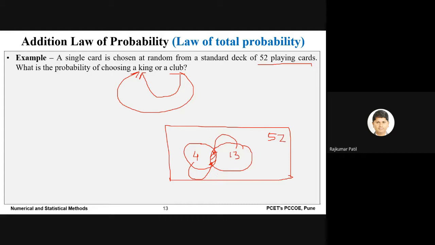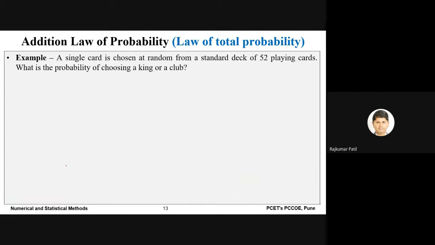So there will be one card which is a king, falling in this particular region, let's say A, or in this region, let's say B. So that is an overlapping area, and that must be excluded. And here that overlapping area will not be 0, it will have some value. That's why I'm saying this is a typical example. Now we will go ahead.